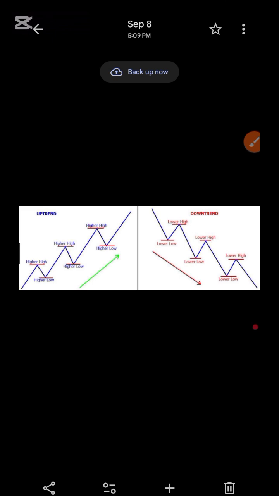So understand this. What I want you to understand about the uptrend and the downtrend is that this is the point of decision in the market. At this point, you know that the market is going towards the uptrend, then you can actually look at the uptrend direction, downtrend direction of the market to analyze the market.